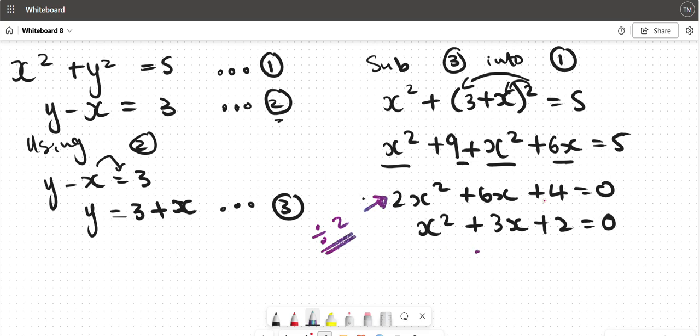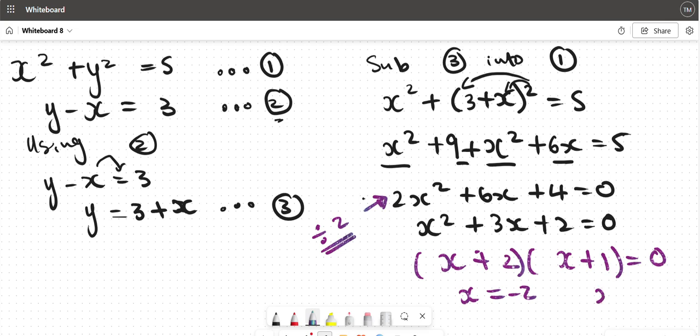Now that you've gotten this, you could just easily factorize it. Two factors of 2 that add to give you 3. Those are the factors, and so x is equal to negative 2, and x is equal to negative 1. Those are the two x values.